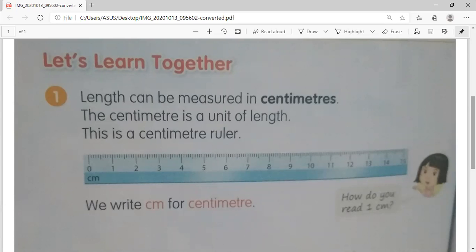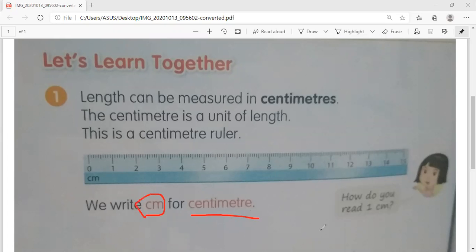Centimeter ruler or centimeter like this, cm, we write cm for centimeter. So if you want to read it, you say centimeter, but if you want to write it, you write cm. Jadi kalau kalian bacanya centimeter, tapi kalau ditulis, tulisannya cm. Tidak usah tulis panjang centimeter. Just write down cm. It is enough. Okay?